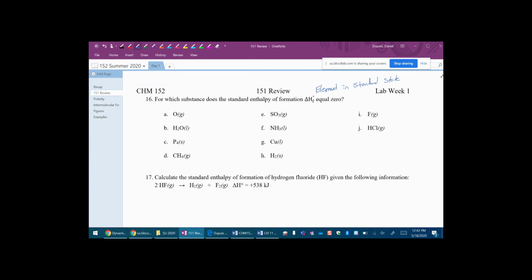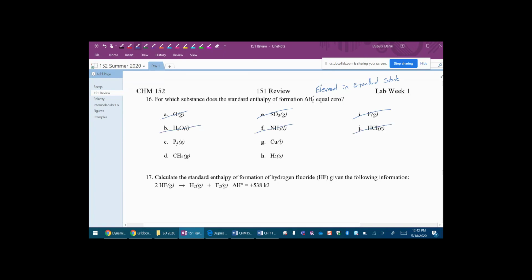There's 2 of them that are liquids. Okay, most of them are solids. Some of them are gases. Oxygen is diatomic, so it's not oxygen. SO3 is not an element. F is diatomic. Water is a compound. Ammonia is a compound.